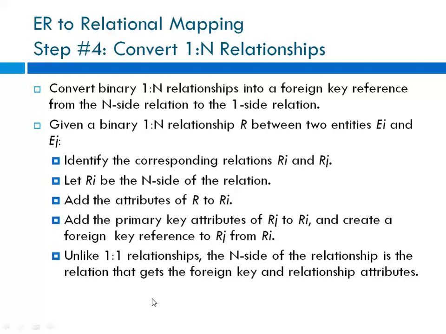Unlike one-to-one relationships, the n side of the relationship is the relation that gets the foreign key and relationship attributes. So the n side will always get the relation attributes of the relationship, and the foreign key is also given to the n side of the relationship.